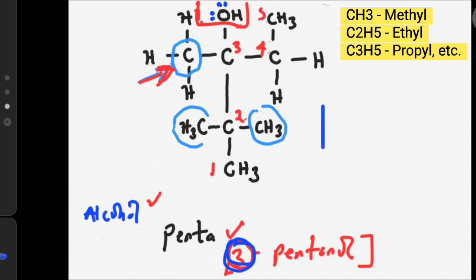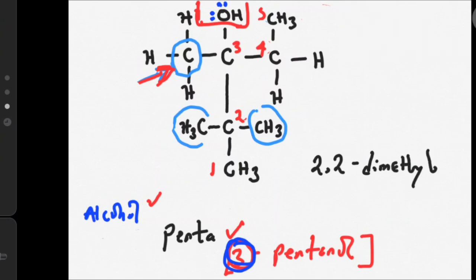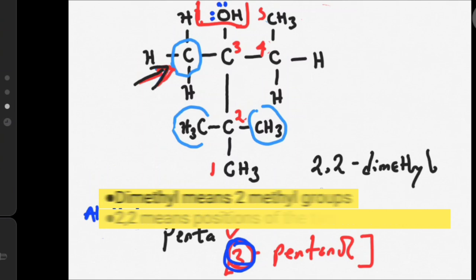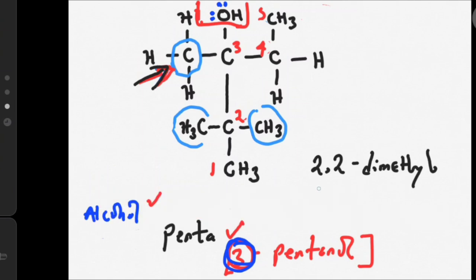So if we want to name this, it's going to be 2,2-dimethyl. Can you see? Now, if we go further, we go to the third, there's a methyl, which is this one, right? So we are having 1 methyl, which is on the third. It's just one of it. Okay? Can you see that?